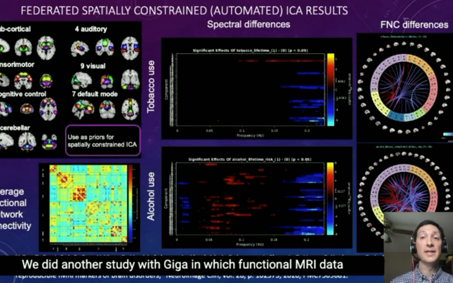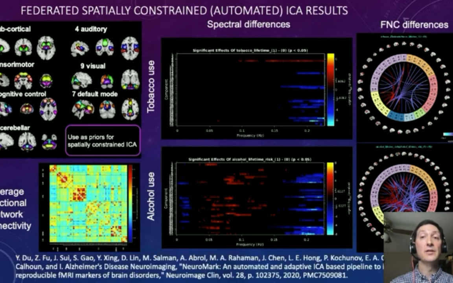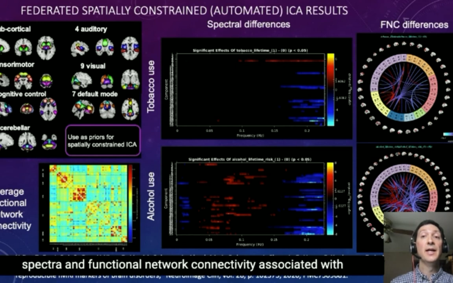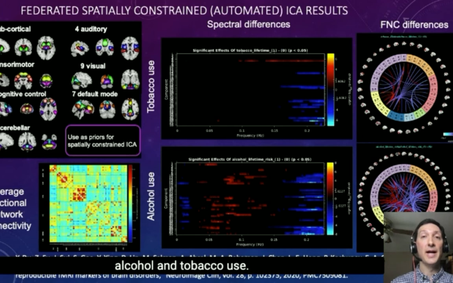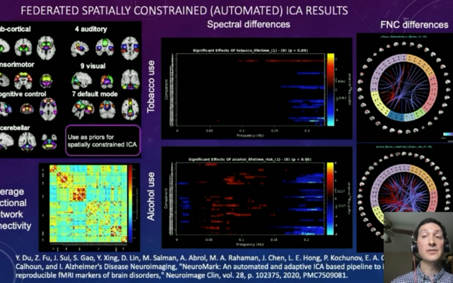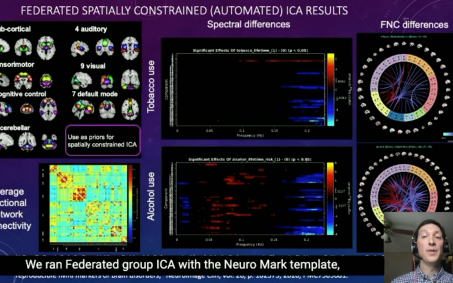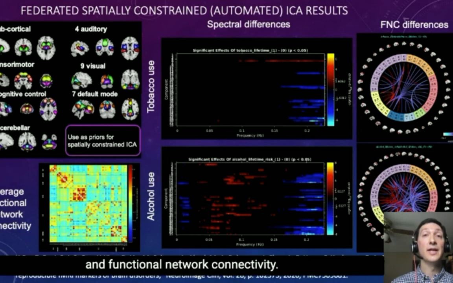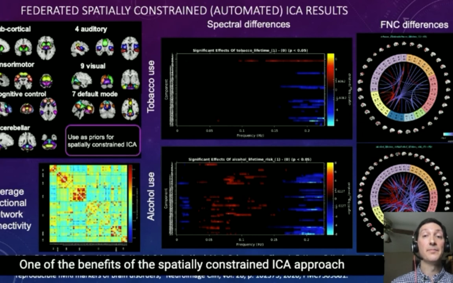We did another study with GIGA in which functional MRI data was used to examine differences in independent component spectra and functional network connectivity associated with alcohol and tobacco use. The study used over 2,000 subjects in sites in India and the US. We ran federated group ICA with the NeuroMark template, followed by federated ICA statistics on the component spectra and functional network connectivity.